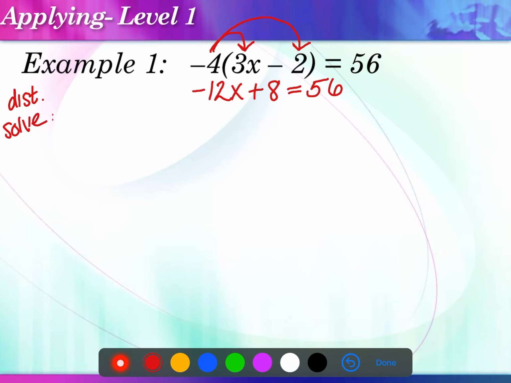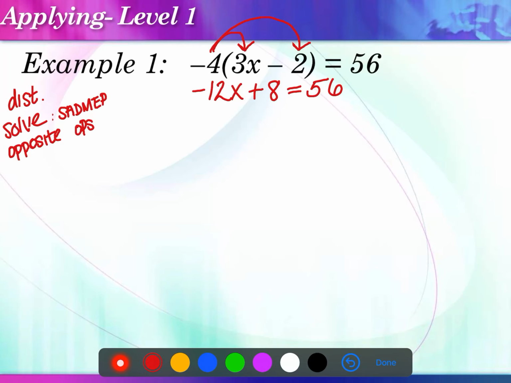When we solve, we use order of operations in reverse. That's called SADMAP. So subtraction and addition are going to be moved first. So I have a plus 8. Okay, also remember that you're using opposite operations.